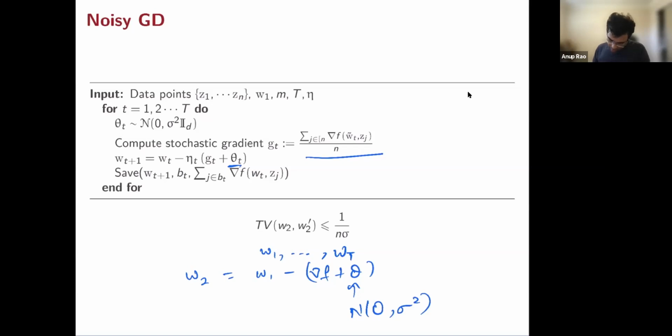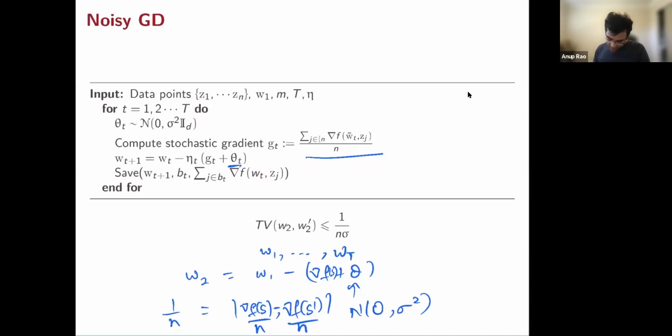So if you look at the two data sets, the gradient here is over S. The other one is the data set S prime. They differ by 1 over n when we look at the average gradient. So essentially, the W2 iterate gives the total variation distance between two Gaussians whose variance is sigma square and whose means differ by 1 over n.